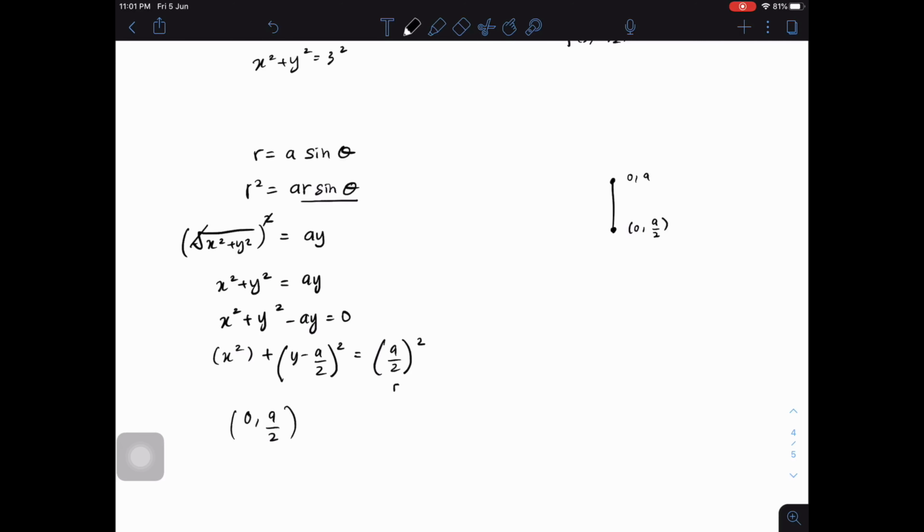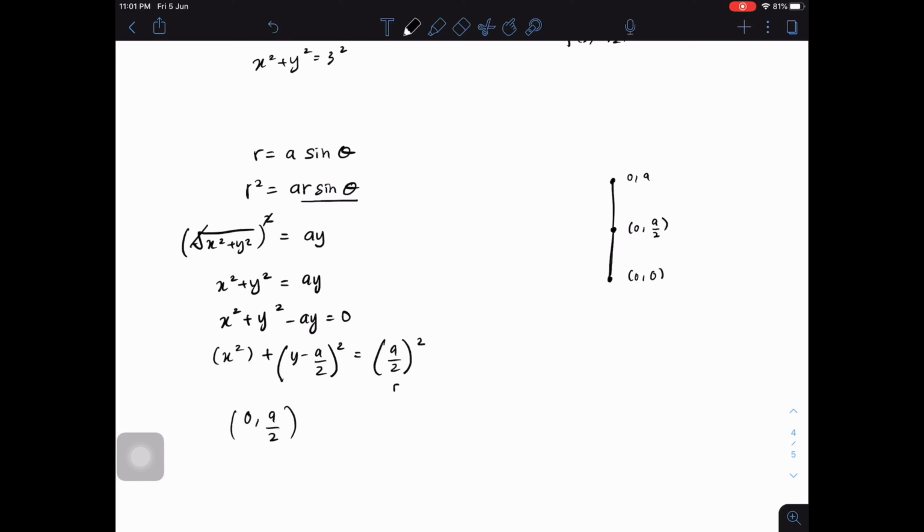Okay, and this is another radius of your circle. You have a over 2 here, and the length of the line here is a over 2. So a over 2 minus a over 2, this point is at 0, 0.